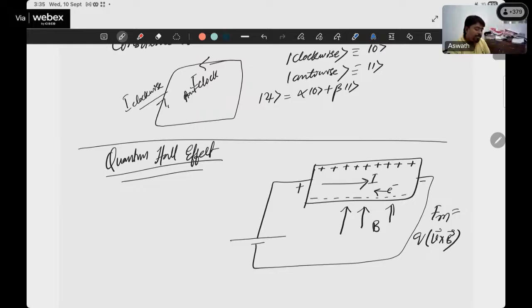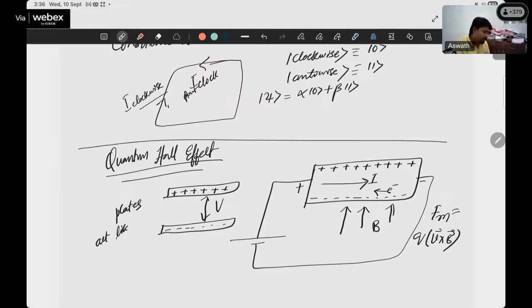So now it is like a positive plate at the top, like a capacitor, and a negative plate at the bottom. A potential difference V is maintained between these plates, and they act like a capacitor. Q is equal to CV.